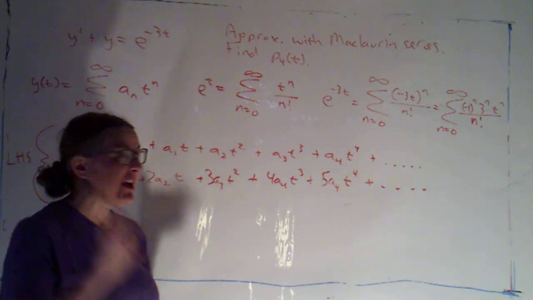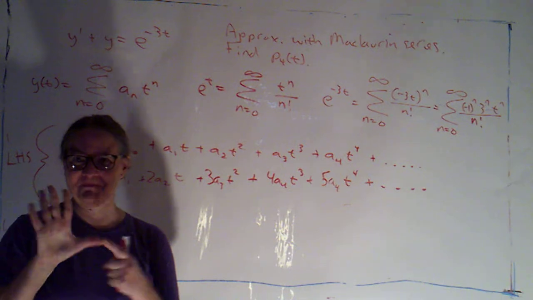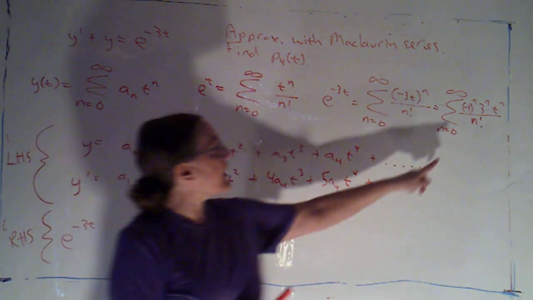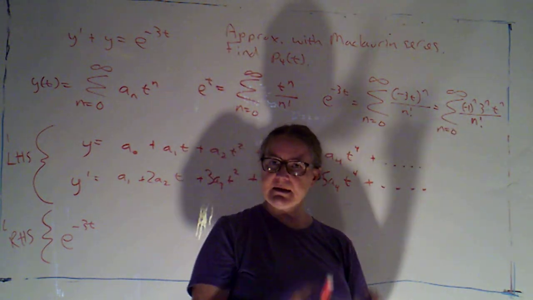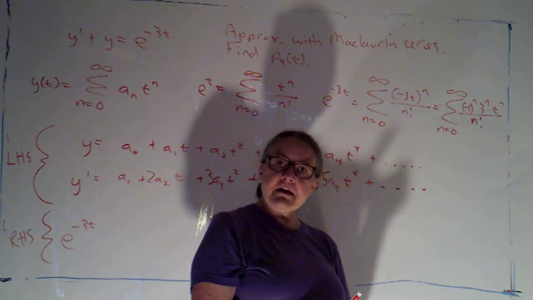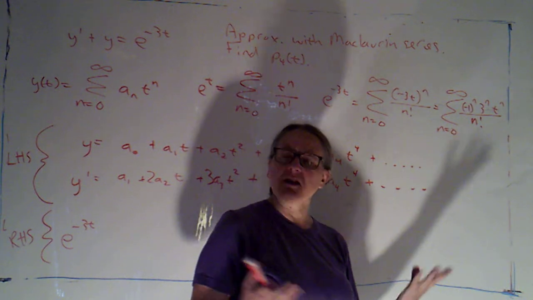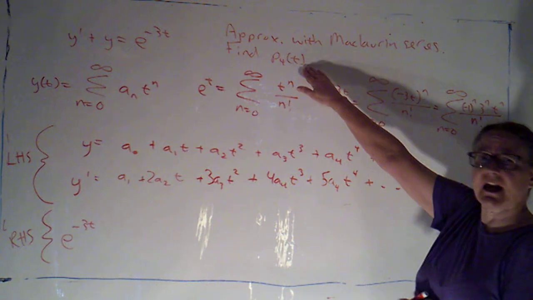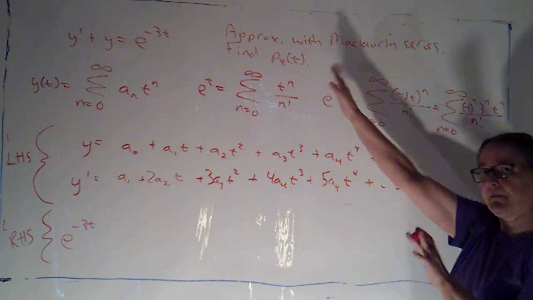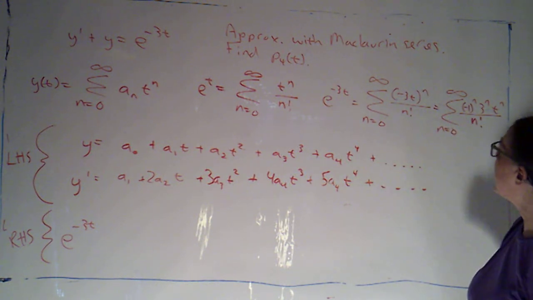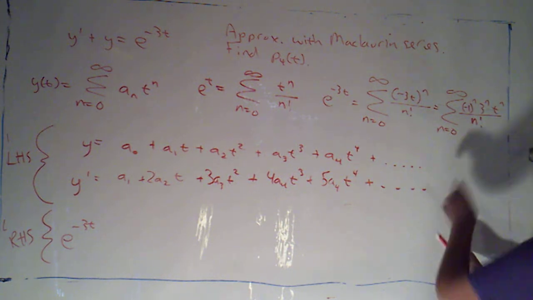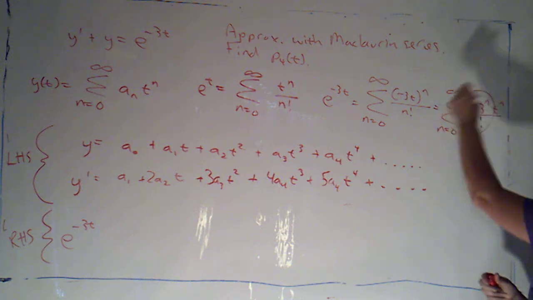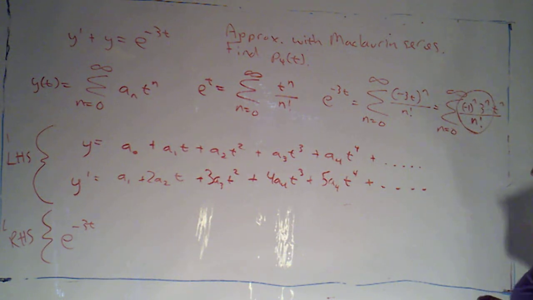I just want to know 5 numbers, the constant term, the coefficient in front of t, t squared, t cubed, and t to the fourth. So as I plug in my values for n, I'm going to simplify things fully. If I were looking for the entire series, and you're generally not asked to do that in the homework, so I'm going to try to keep my examples like this, where we're looking for a specific polynomial. Okay, but if I were looking for the whole pattern, I'd probably keep it this way, because when I write it this way, I can see the pattern for generating those terms.